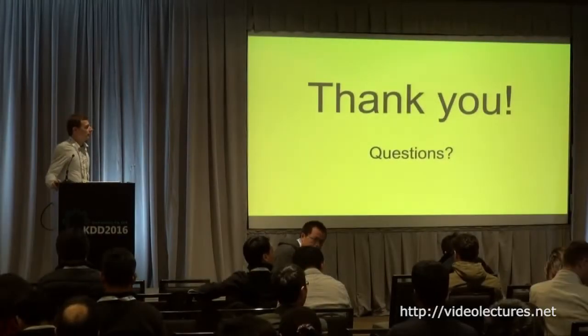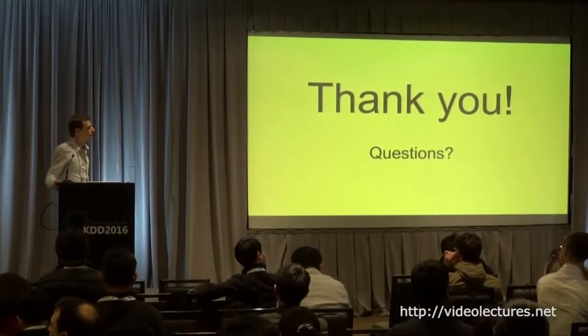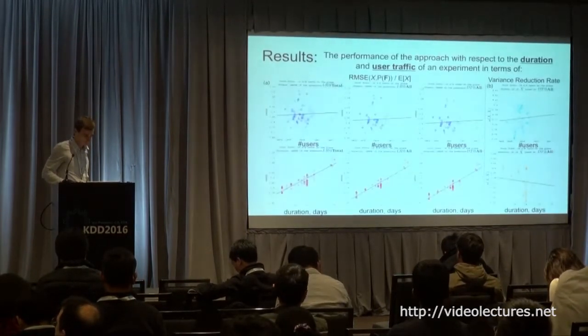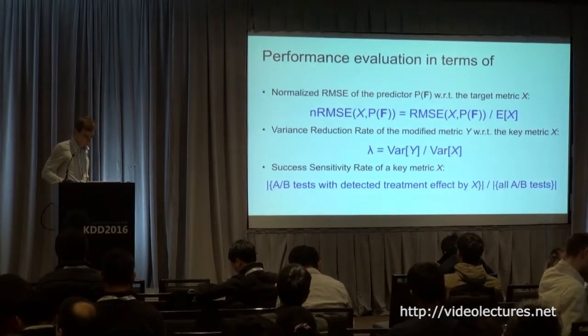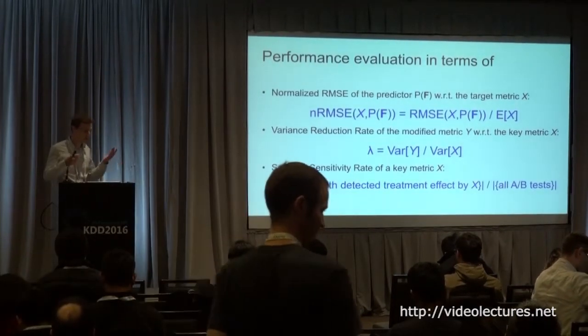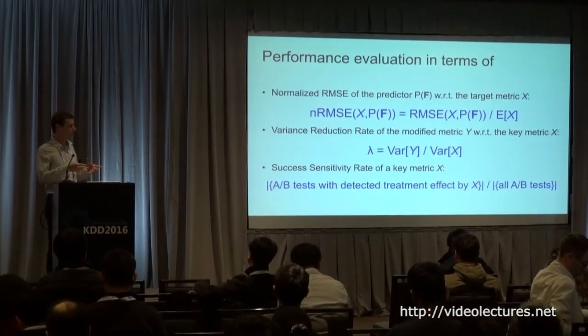Hello, could you give more explanation about the metrics you're using in the evaluation? For example, the variance reduction rate, what's that? Variance reduction rate: we consider our novel metric y, and we consider the source metric x.